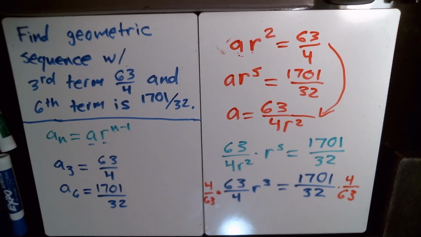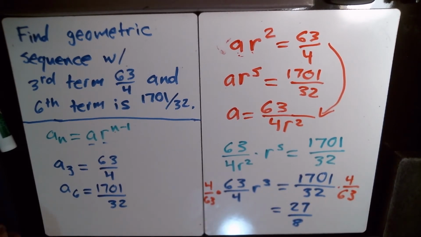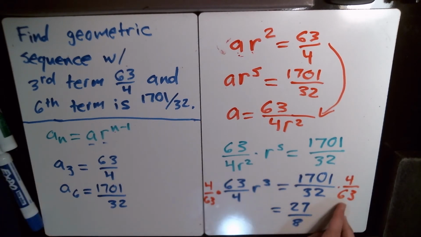Okay, so I got 3.375, which I think is 27 over 8 as a fraction. Okay, so how you could get that is 63 goes evenly into 1701, it turns out.